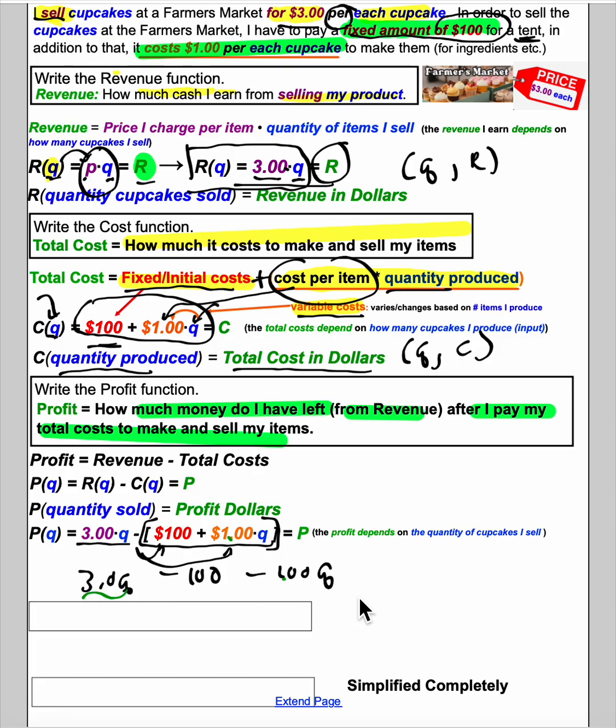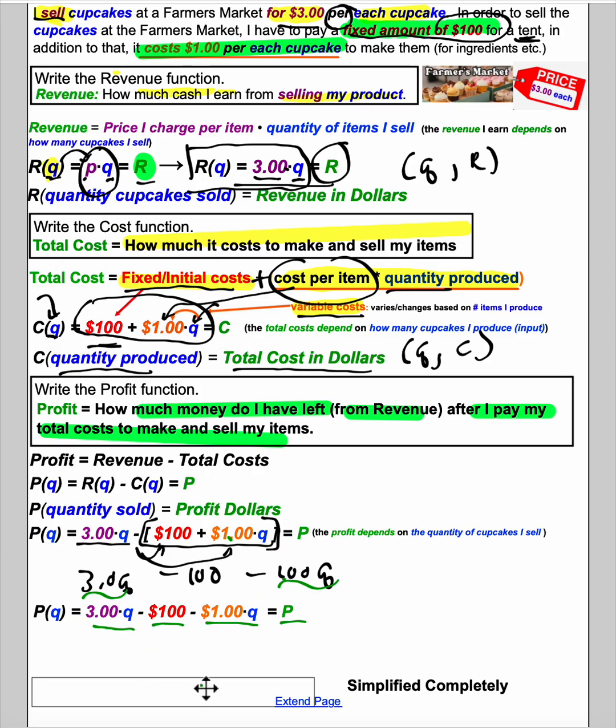Now I'm going to combine like terms. 3Q minus 1Q is equal to 2Q. So if I come down here, I can see that I have that formula written out here. 3Q minus 100 minus 1Q is equal to profit.